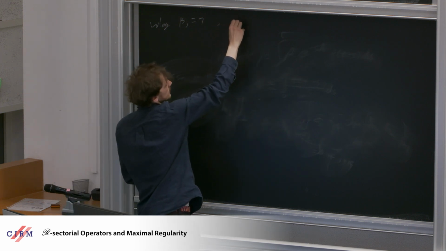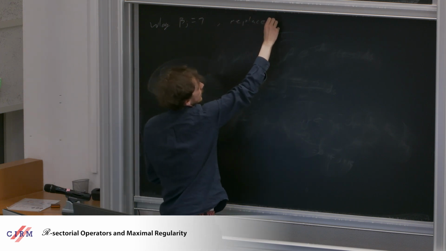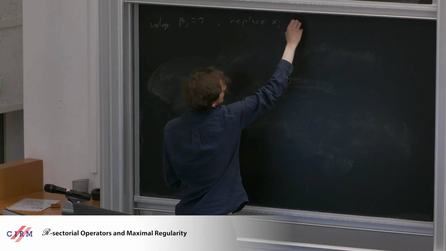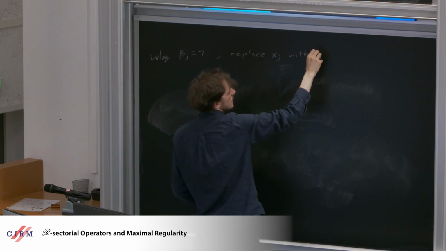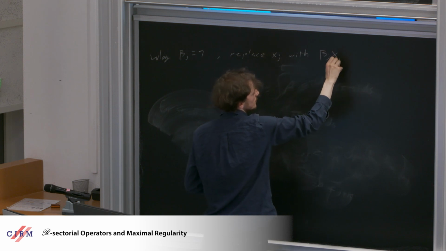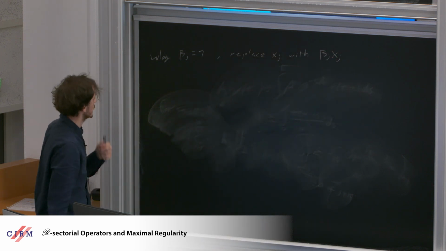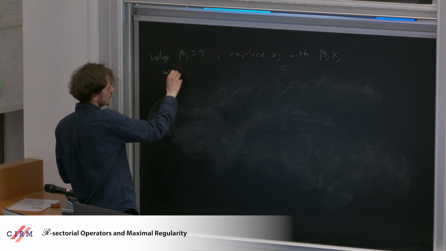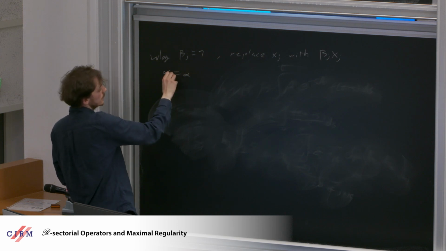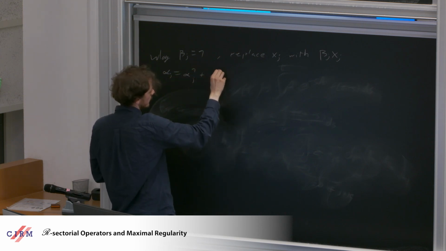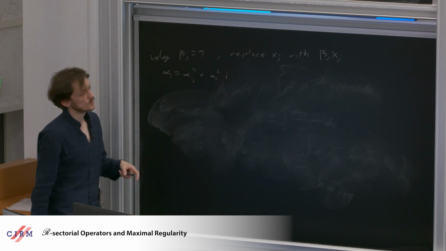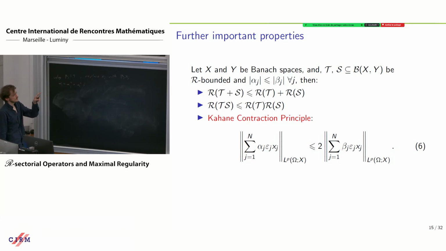Otherwise, you replace xj with beta j xj. And then we split alpha into real and imaginary part. And then we want to prove the inequality if alpha j is real with just constant 1.